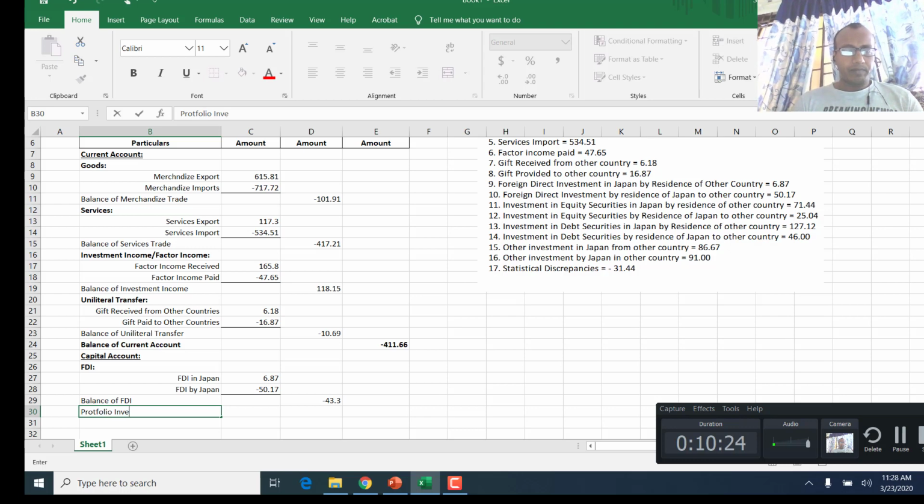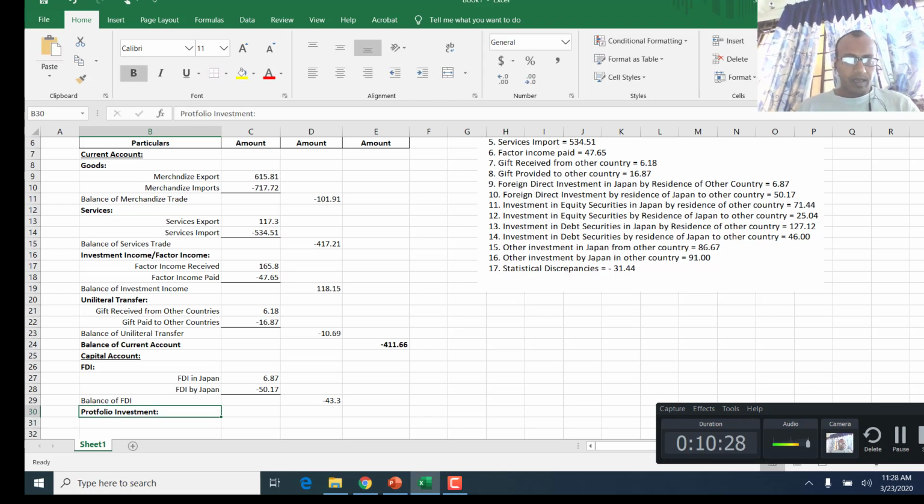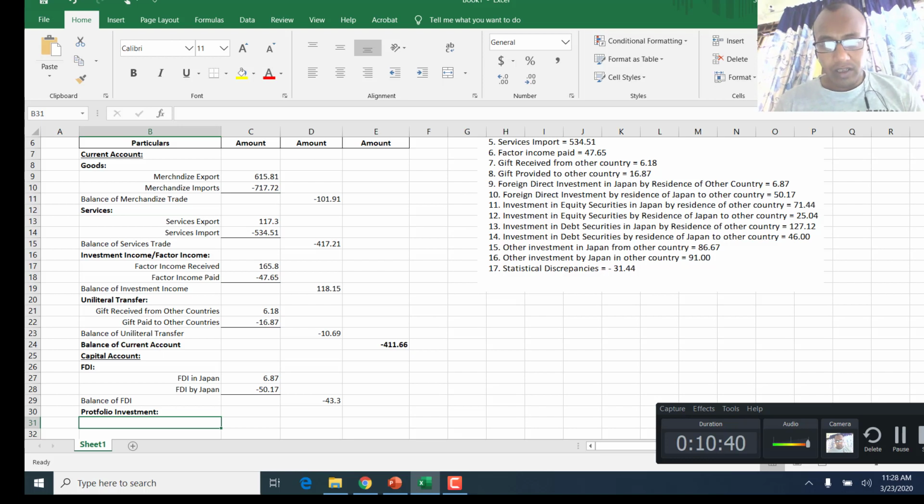Portfolio investment is the next section. Under the portfolio investment, look at the transactions here from transaction number 11 to 14.